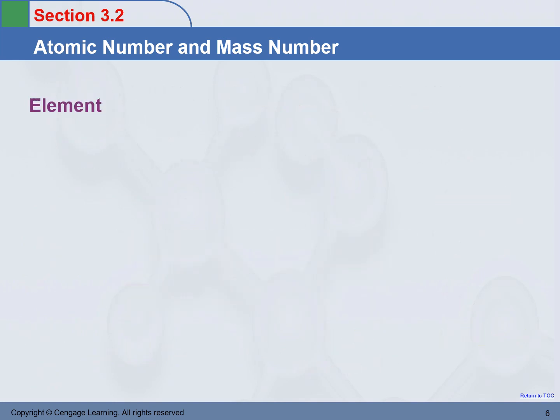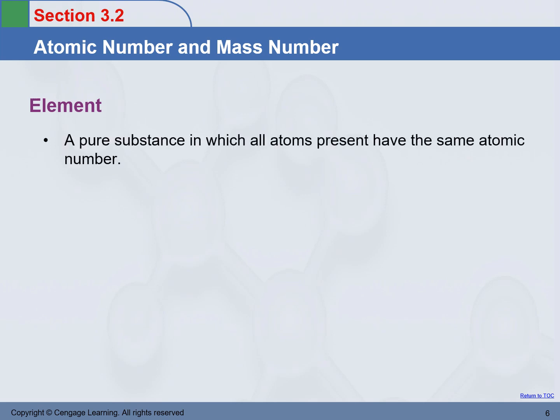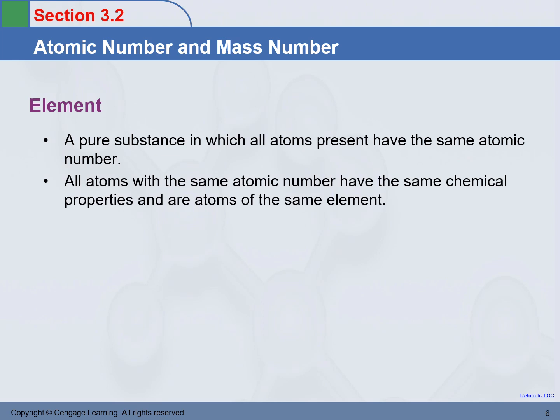We're actually almost done with this section. However, let's go back to the definition of element again, because now we learn more about atoms. So now an element can be defined as a pure substance in which all atoms present have the same atomic number.